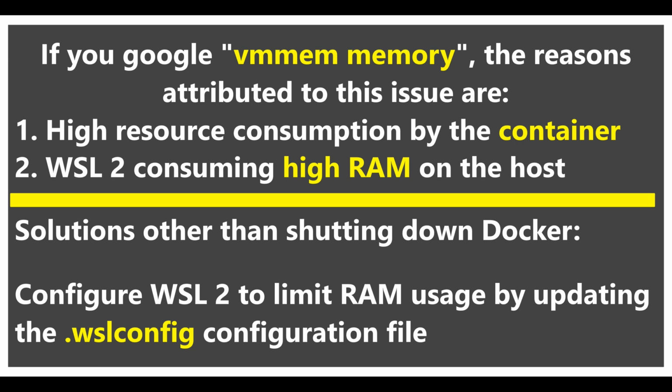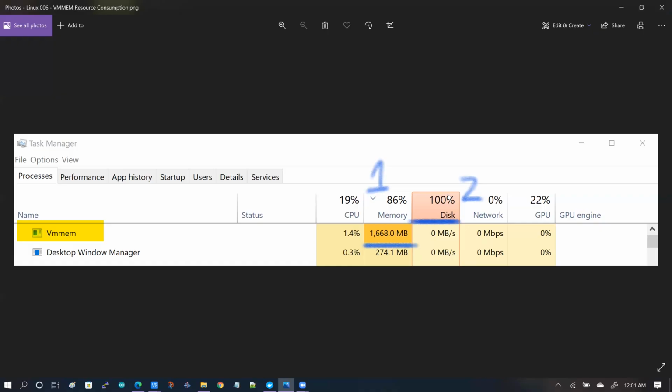The easiest remedy for this issue is to shut down your Docker installation when you don't need it. Once you shut down Docker Desktop for Windows, you will see that this VMM utility will also shut down within a few minutes.